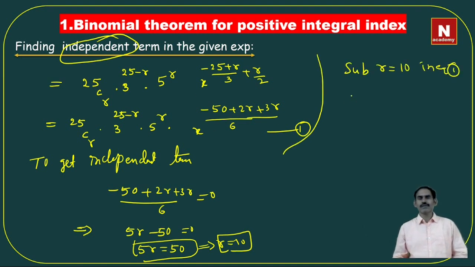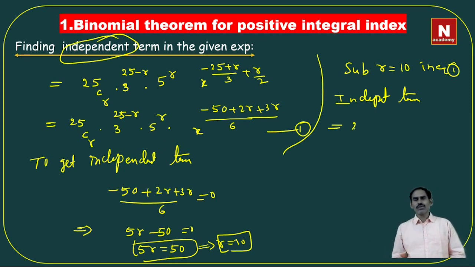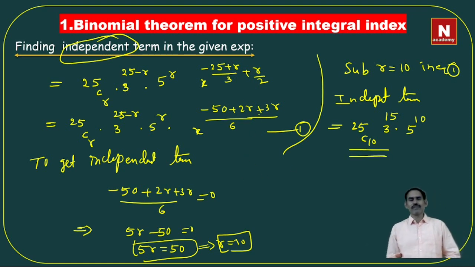That implies the independent term, the term without x, equals 25C10 · 3^(25−10), that is 3^15, into 5^10. This is called the independent term. Here if you put r value 10, the power is 0, x^0 is 1. So this term is known as the independent term in the given expansion.